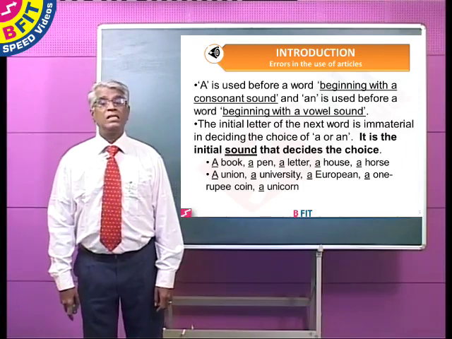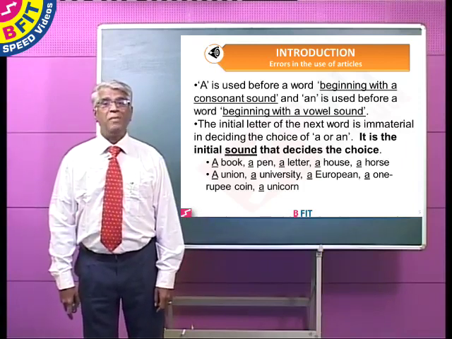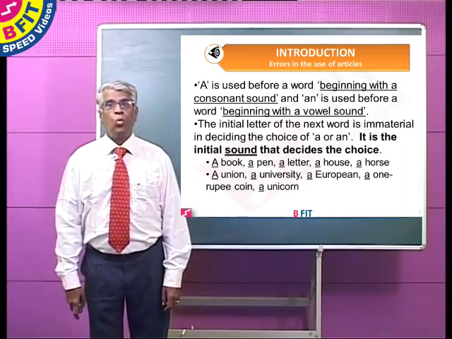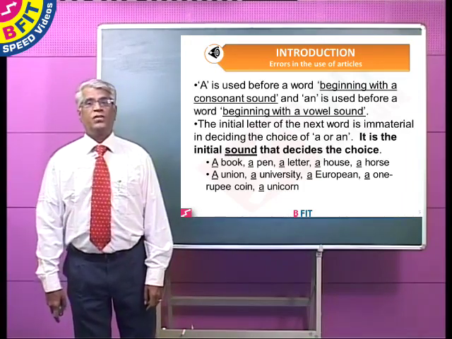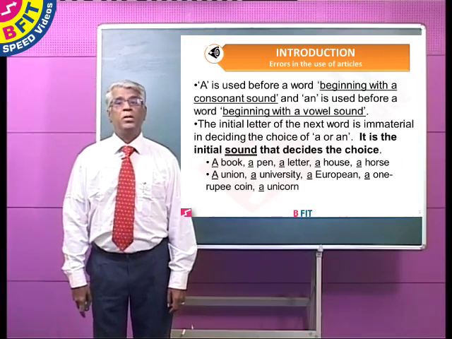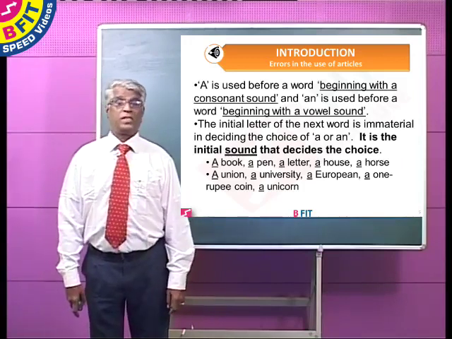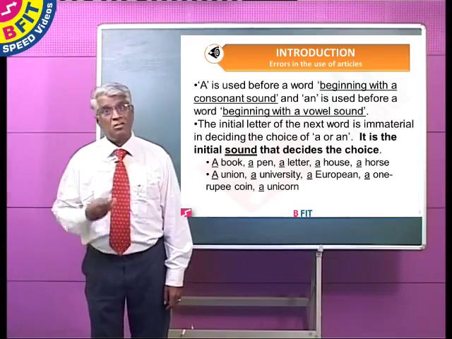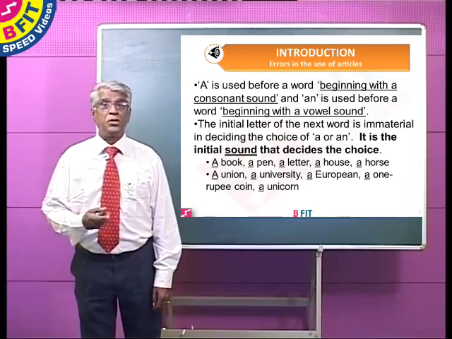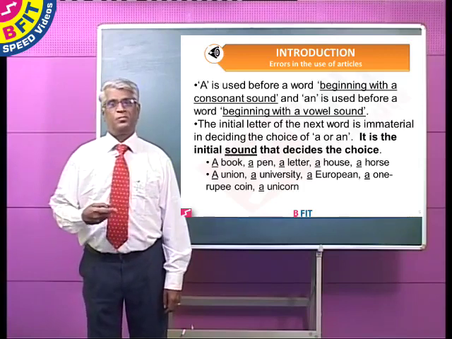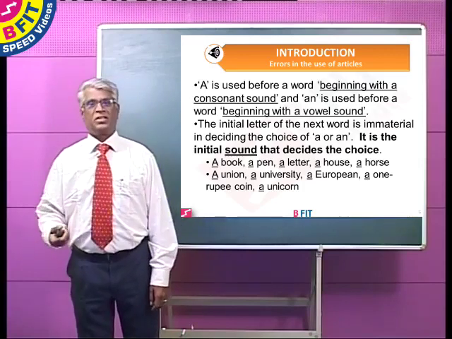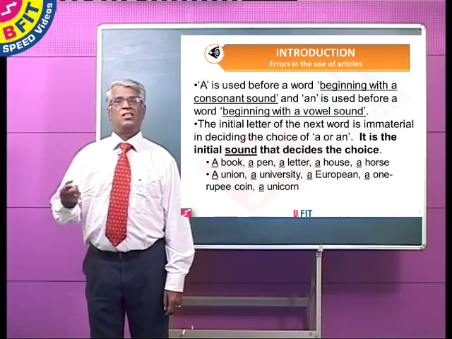India won a one day match. I want to go for a walk. When you pronounce the W sound, your lips have to round. In other words, when your lips round, the sound produced is W. And W is obviously a consonant sound.